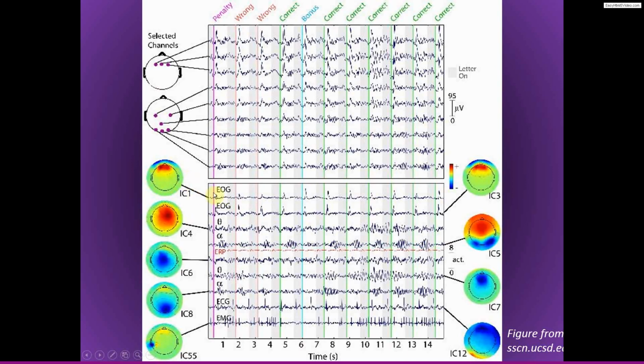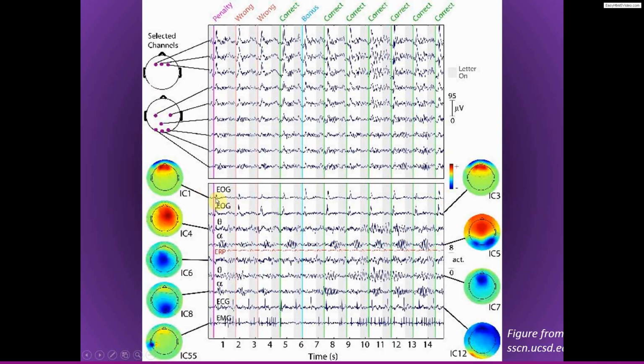So each component has one time course, and each component has n electrodes. In the sample data set that I often use, we have 64 electrodes, so each component has 64 weights. When you take the weighted sum of the activity at all electrodes, you get a single time course. So each component has one time course and 64 weights, or however many electrodes you have.